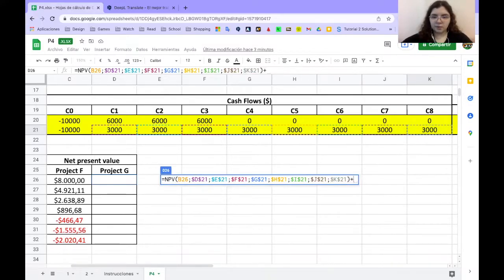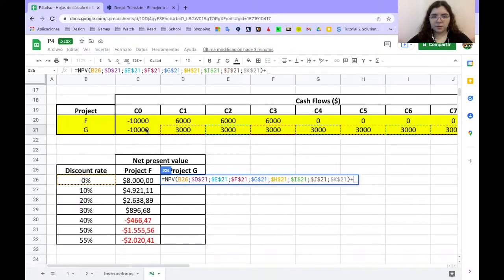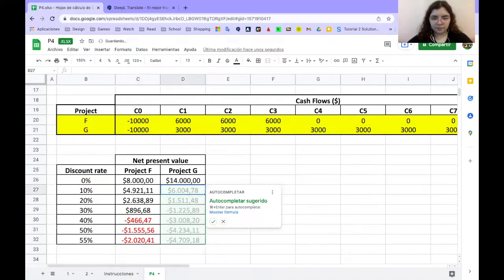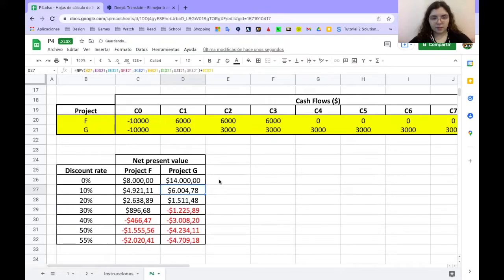And then we are going to add the initial investment of 10,000. You also have to block the cell. And there you go. Here we have the information of the next discount rates.